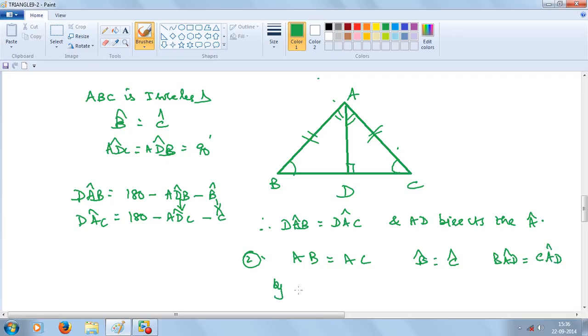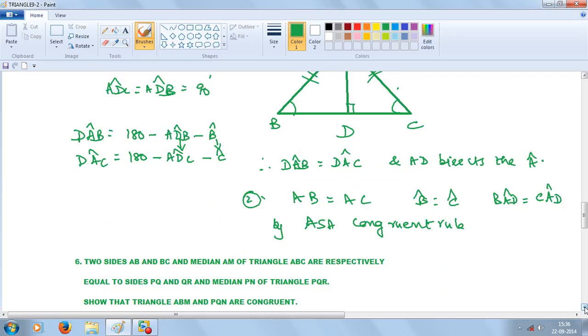Therefore, by ASA congruent rule, triangle ABD is congruent to triangle ACD. So therefore, BD is equal to CD.